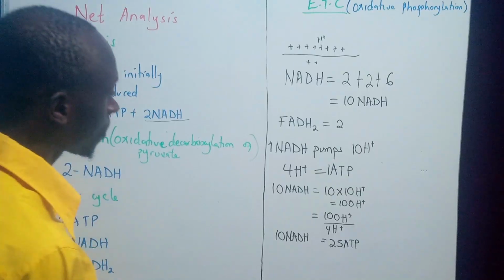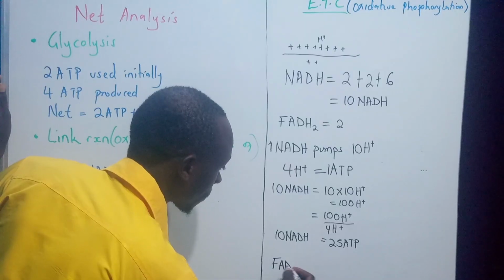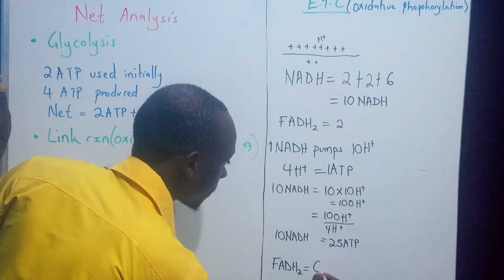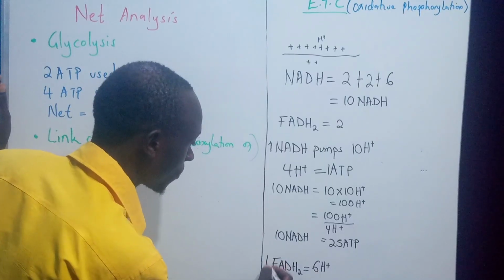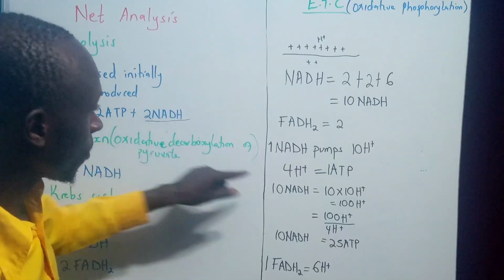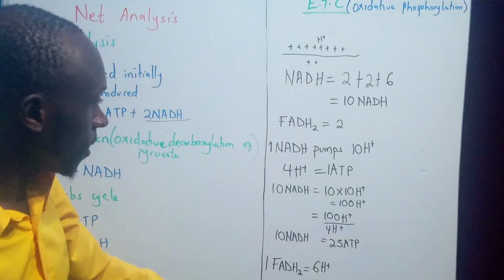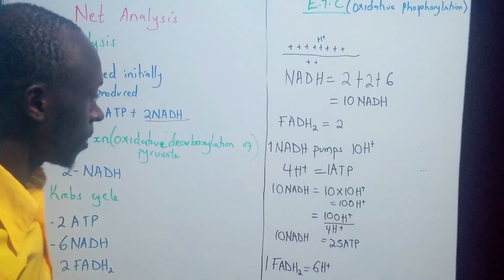The FAD molecules, reduced FAD pumps 6 hydrogen ions. Each reduced FAD pumps 6 hydrogen ions. And remember, I've told you that each 4 hydrogen ions that cross the ATP synthase lead to the formation of a single ATP molecule.